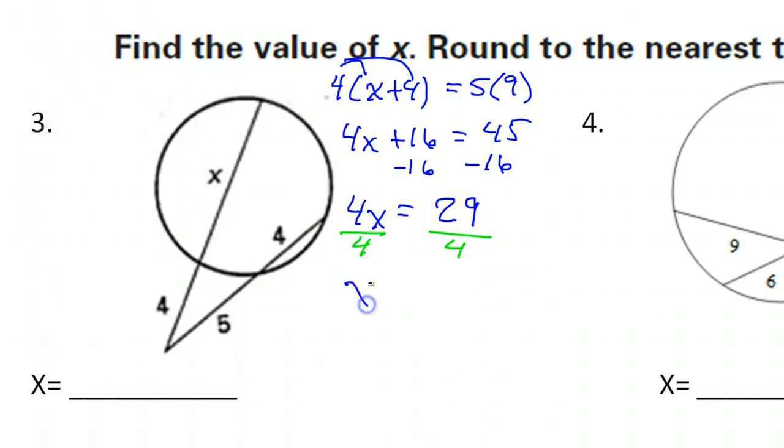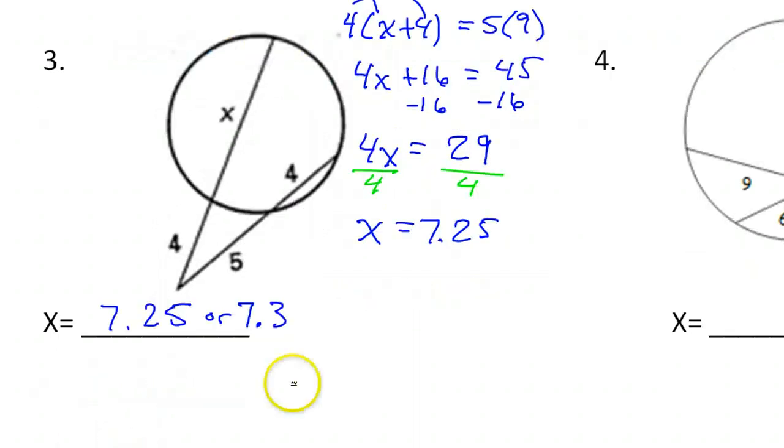So that's going to give us x equals 7.25. So that's the answer for number 3. Well, the direction said round to the nearest tenth, so that's 1 decimal place. So technically, because this is a 5, we should round this up to 7.3.